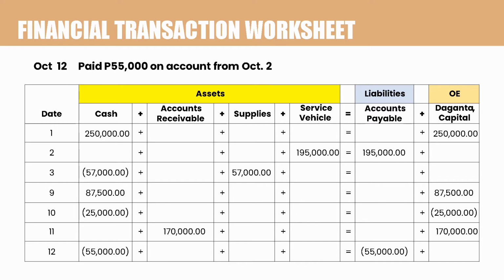So, negative din siya sa accounts payable because binabawasan natin yung record natin for our accounts payable or sa ating utang. Okay? Kasi nabayaran or na-settle na natin yung 55,000 na yun for our 195,000 na utang.